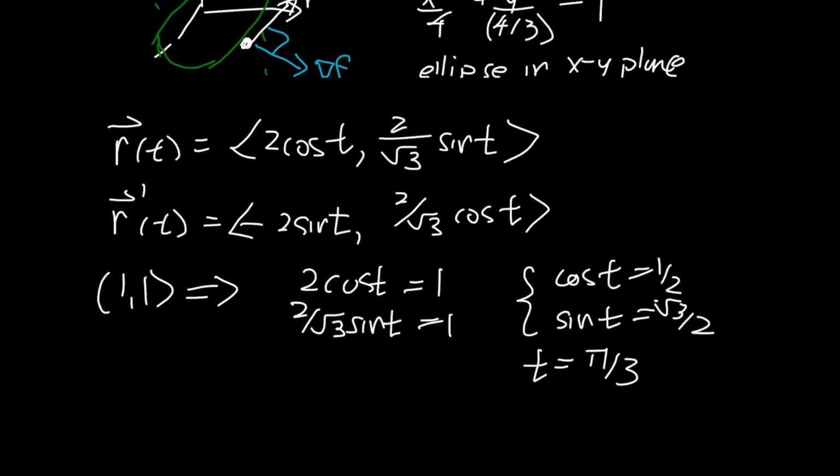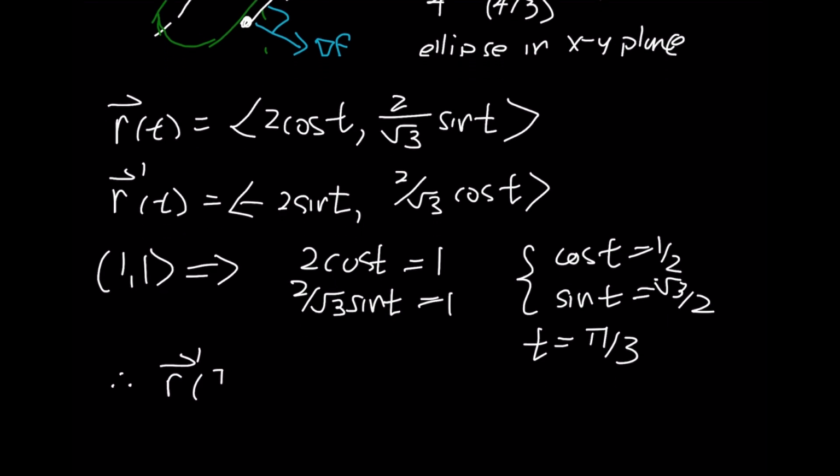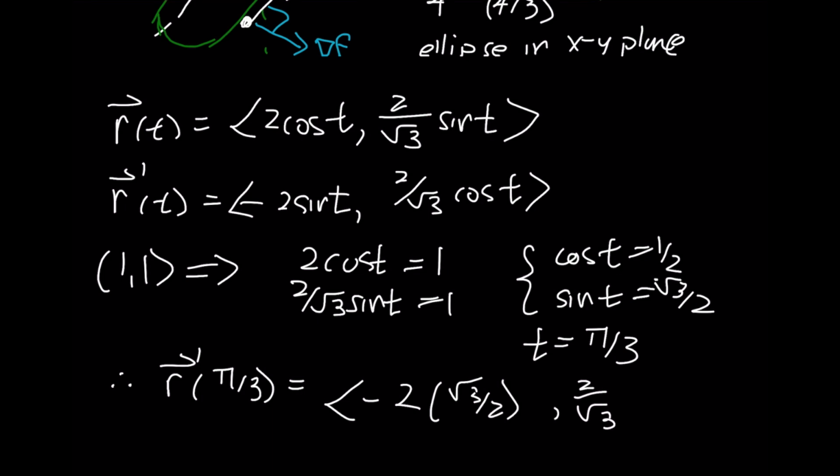The tangent vector at pi over 3 is going to be the vector negative 2 times root 3 over 2, 2 over root 3 times a half. So that's negative root 3 and 1 over root 3.